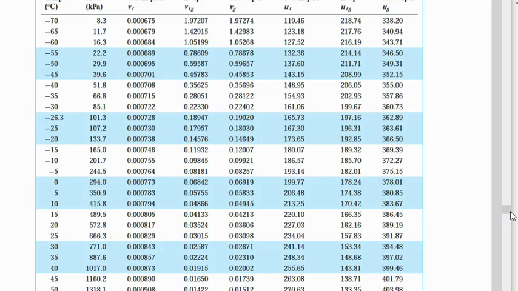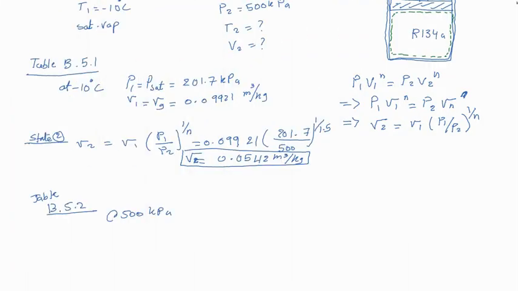However, we don't need to do this because if you look at the worst case, which is the 489.5, where the dome is flatter or wider at the bottom, you will find that the saturated vapor value is 0.04213. This is the specific volume at the saturated vapor line. And if you compare this value with our calculated value of 0.05, this is bigger than the saturated vapor at 500 kilopascal.